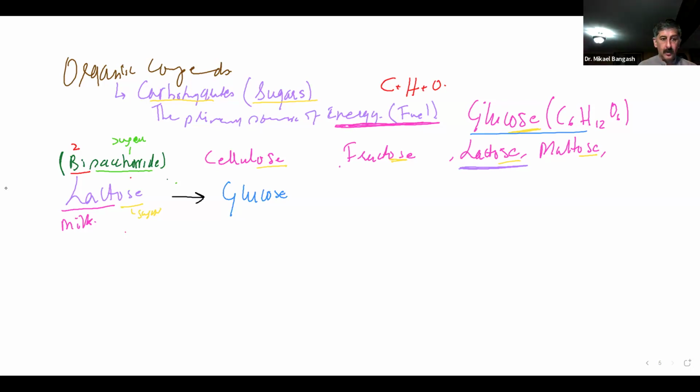And the other sugar that comes from the breakdown of lactose, which is a bisaccharide, and why is it a bisaccharide? Because it's made up of two sugars. Another sugar released will be what we'll call galactose.